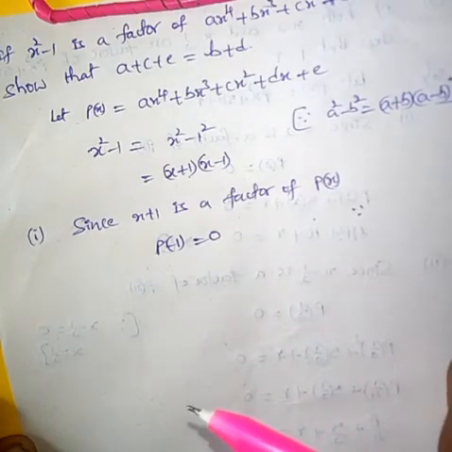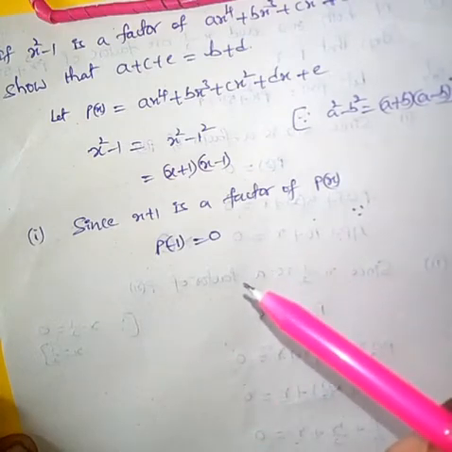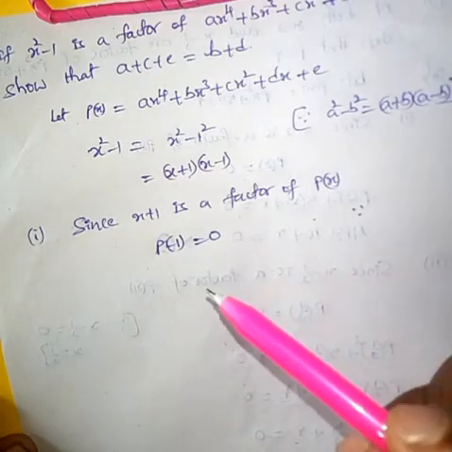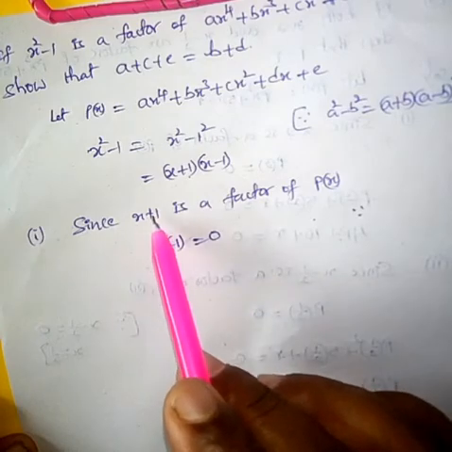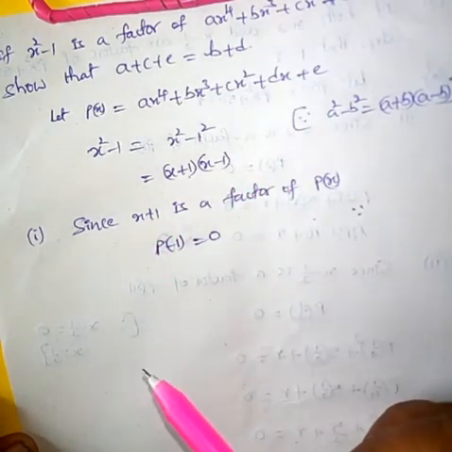According to the remainder theorem, you can easily calculate the remainder without doing the actual division. Yes, you have to substitute the zero of the polynomial x plus 1 in the polynomial p(x). That value gives the remainder.